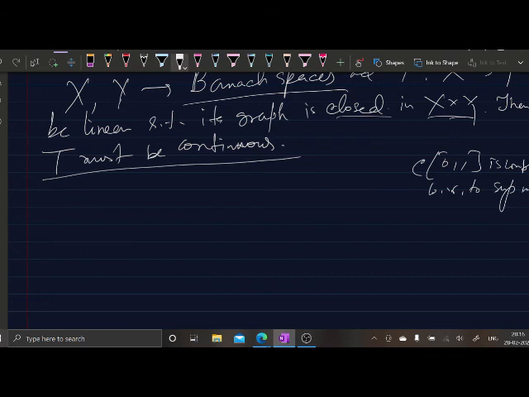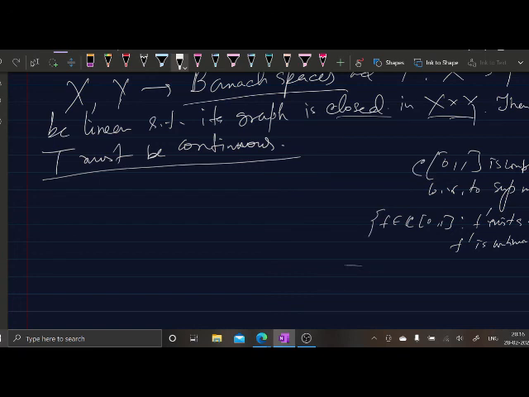Now the question is the domain space that has been considered there, that is the set of all those continuous maps having continuous derivatives, f dash continuous on [0,1].